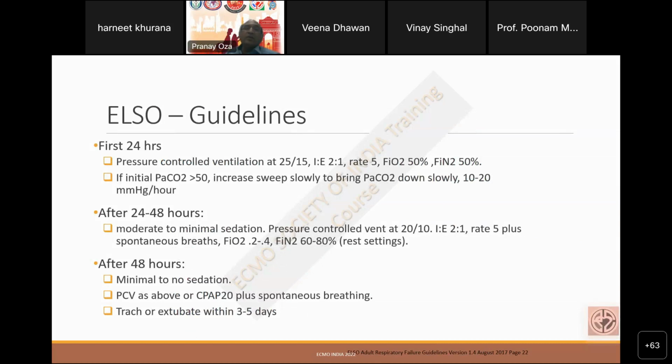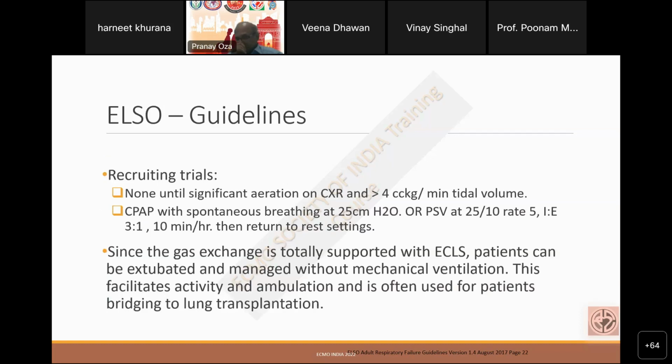Initially you keep PEEP on the higher side, because patients are already on high PEEP; if you suddenly decrease the PEEP, it will de-recruit. And after 48 hours, minimum or no sedation, and try to keep the patient on spontaneous breathing if possible. And think about tracheostomy versus extubation if within 3 to 5 days the patient is stable. So you have to take a call depending on the patient's condition at that time.